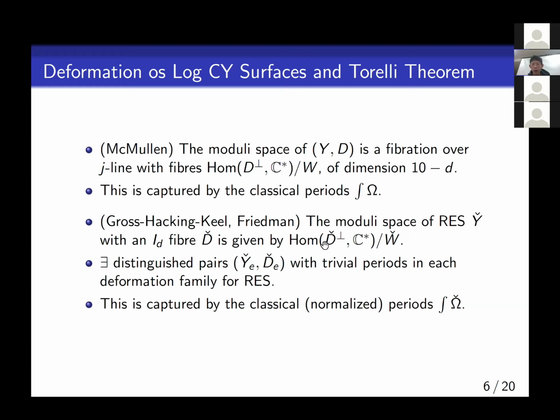So it will become a 2 cycle completely inside X. And so you can change this data to the period integral on the 2 cycle in X check.